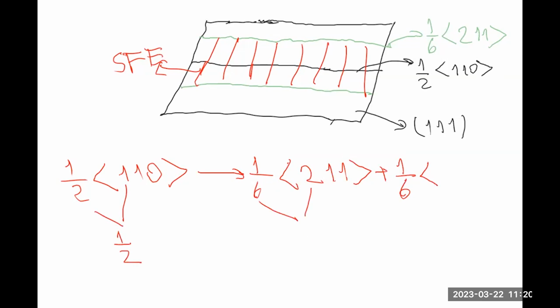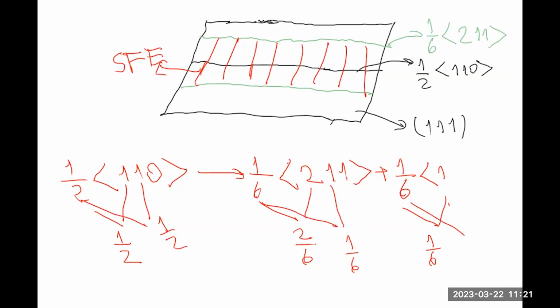Here we have 2/6. In order to make it equal, we need an additional 1/6. So this term is 1. The second term, again, we have 1/2, and here we have 1/6.